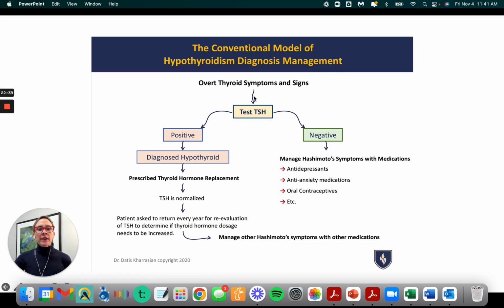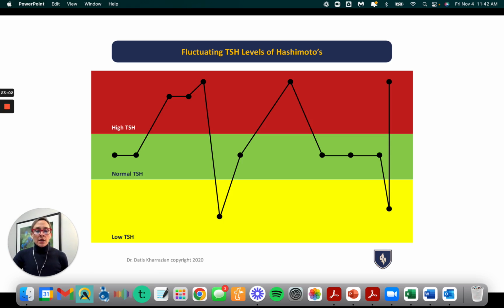So again, conventional model of hypothyroidism typically tests the TSH. If it's positive, diagnosed with hypothyroidism, we do thyroid replacement until TSH is normalized. But this doesn't often take care of all the other symptoms that are caused by immune system dysregulation and autoimmune beating up of the thyroid gland. The other thing that's really important to note, unfortunately, is that when the body is beating up on itself, and in this instance, it's autoimmune disease of the thyroid gland, the thyroid tissue gets destructed.